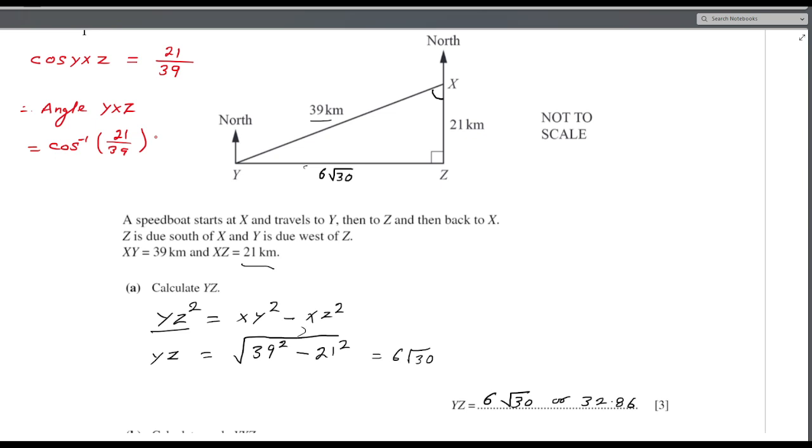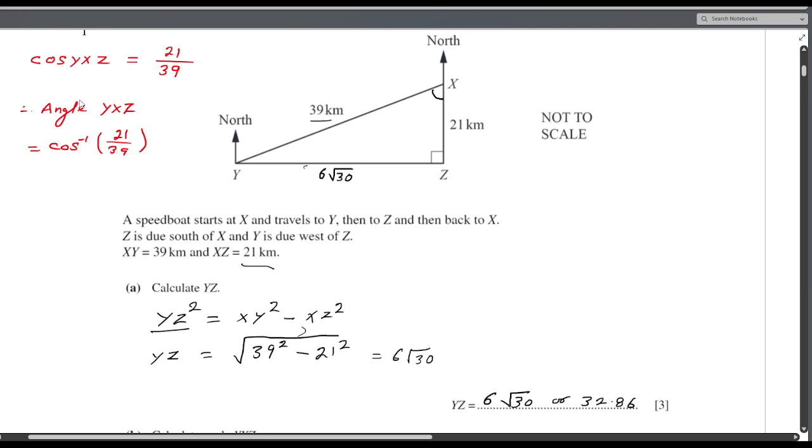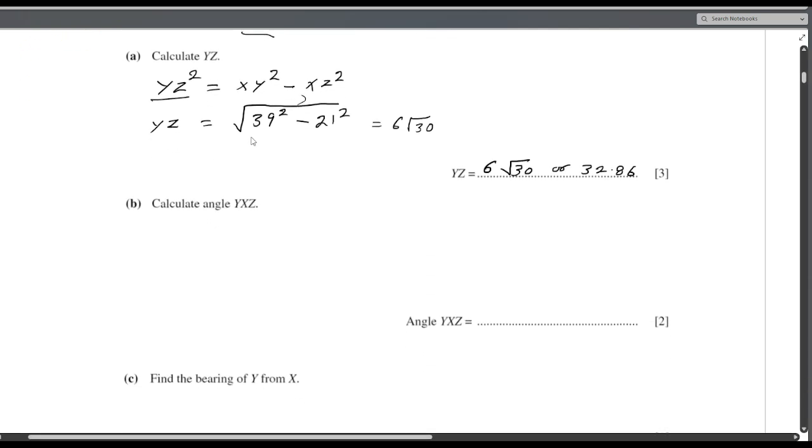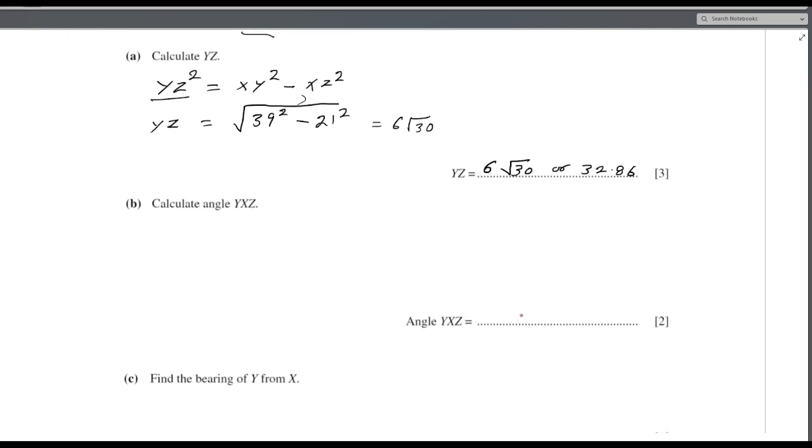This will give you 57.42. This is the angle.